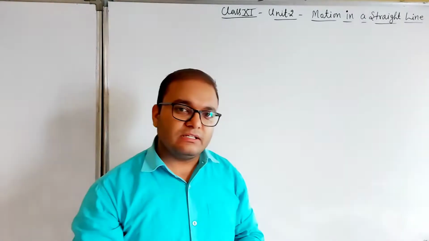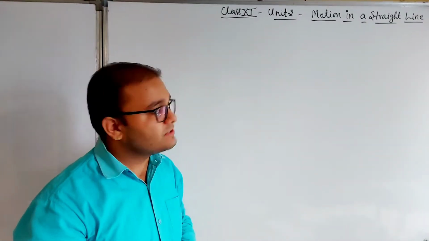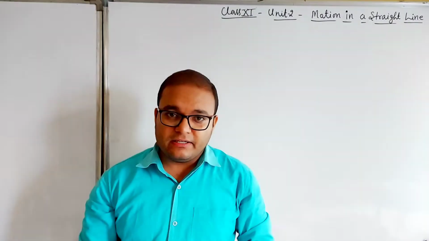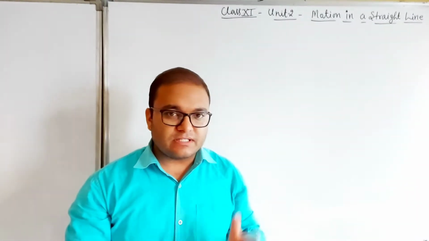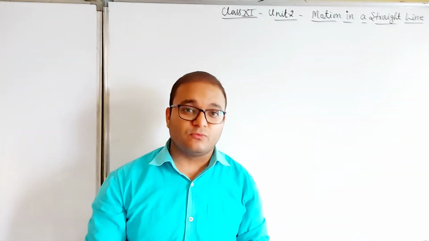In class 11th we will discuss some more about this chapter, motion in a straight line, and we will derive Newton's equations of motion here by the calculus method, and slope for non-uniform motion also.